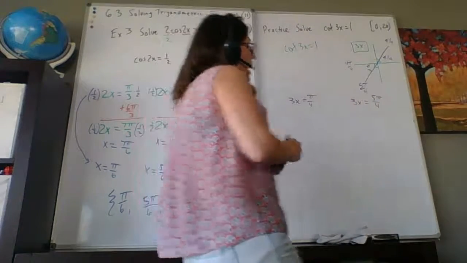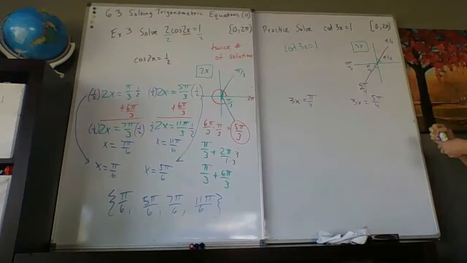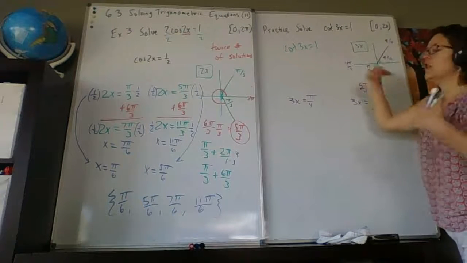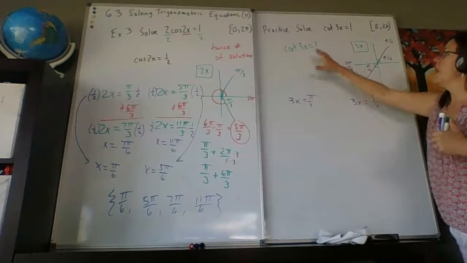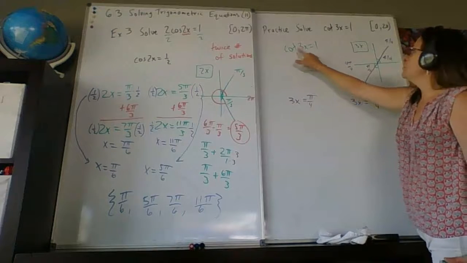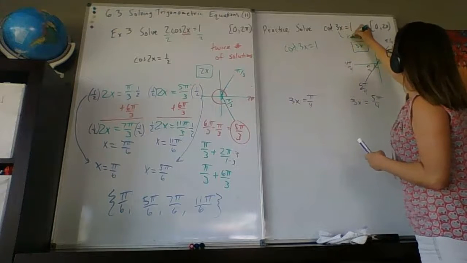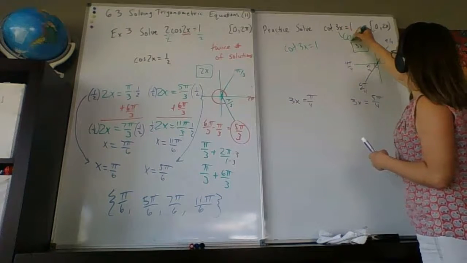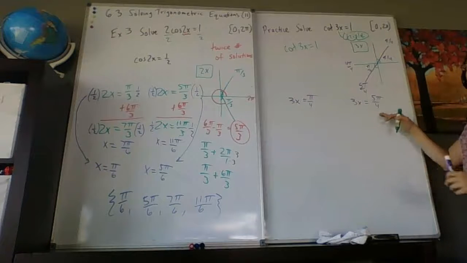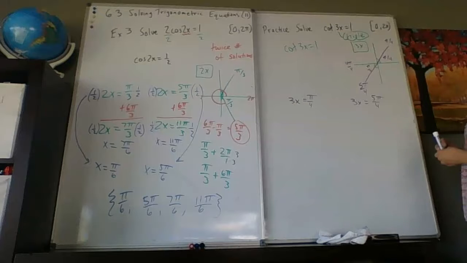Now, on our 3x graph, let's find some coterminal angles, because we need 3 times the number of solutions because of the 3x going into our trig function. So we are expecting from this 3 right here, triple the number of solutions. So instead of 2 solutions, we are expecting to triple that to get 6 solutions.